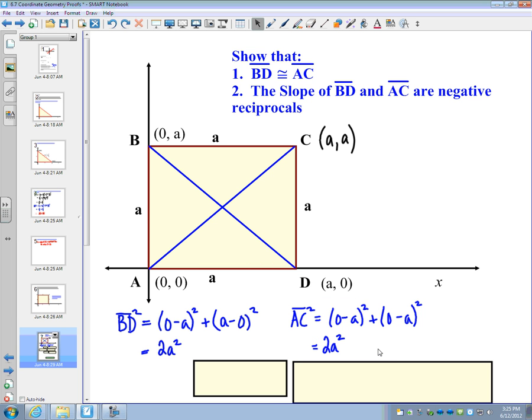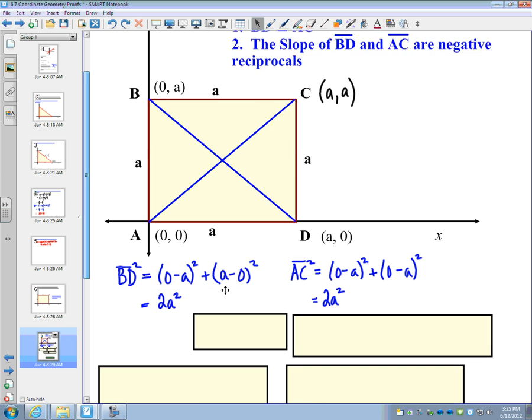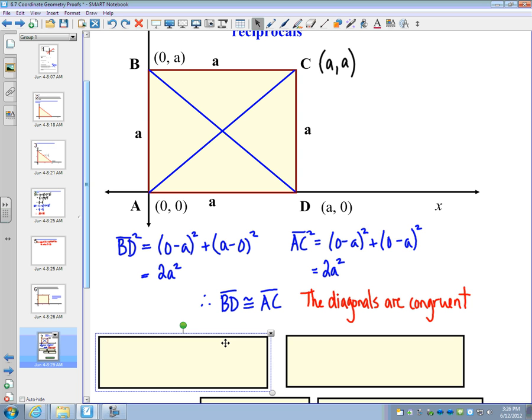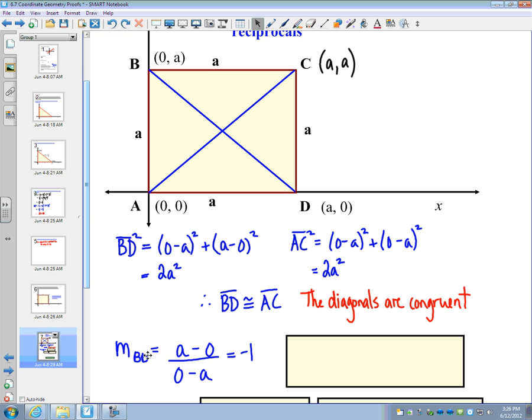So I've already shown that those things are congruent. Now I just need to show their slopes are negative reciprocals. So here we go, the diagonals are congruent. The slope of BD is equal to, remember, y2 minus y1 over x2 minus x1, so it equals negative 1.